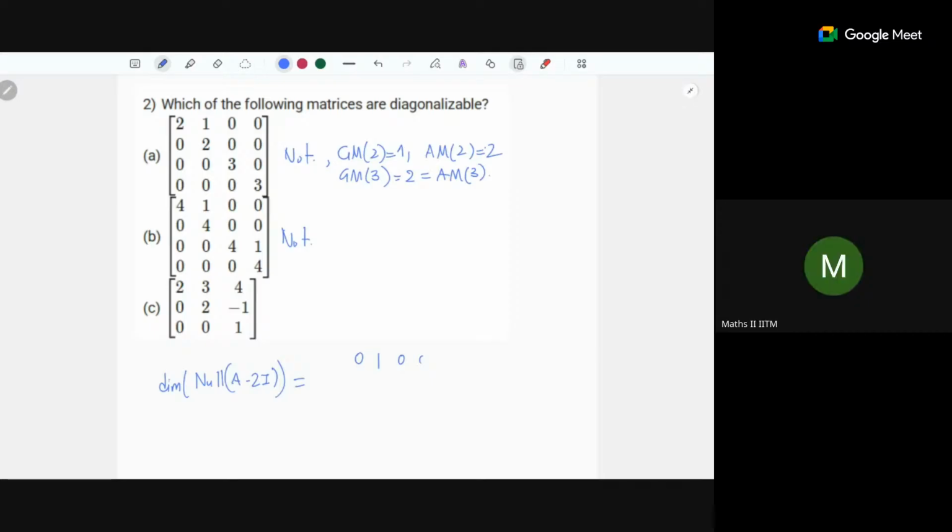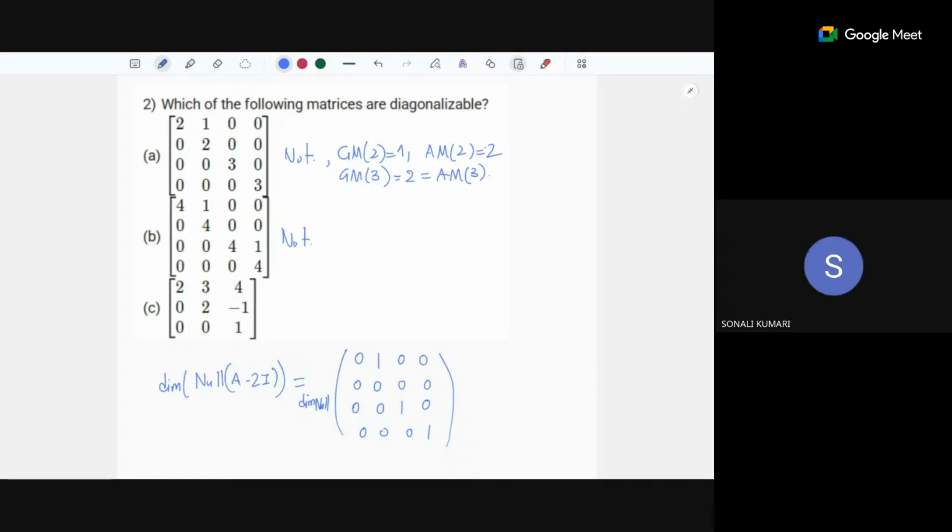Now, what is the null space of this matrix? If you want to calculate the nullity or dimension of the null space, just count the number of dependent and independent variables. So, how many independent variables are there? That will be your nullity.